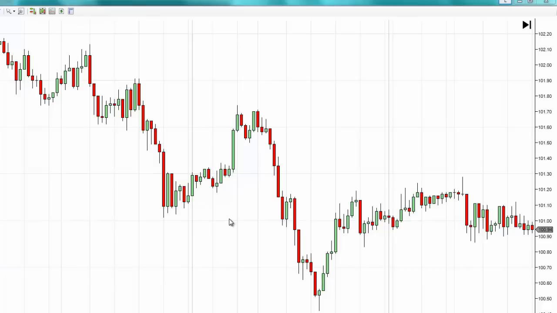What I have in front of us here is a chart of the Euro-Yen on a 30-minute candle, and these are standard good old candlesticks, and as you can see here, it shows you where the market is going for each half hour, but it really doesn't give you enough information on when it's going to turn, how it's going to turn, and when it's going to reverse.